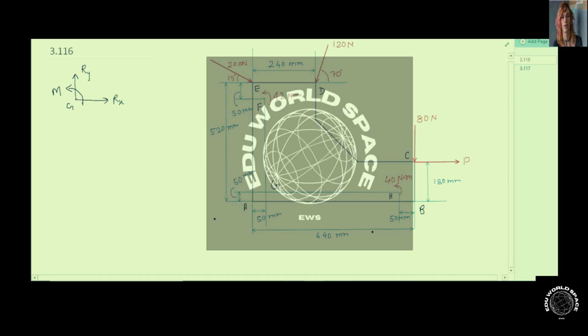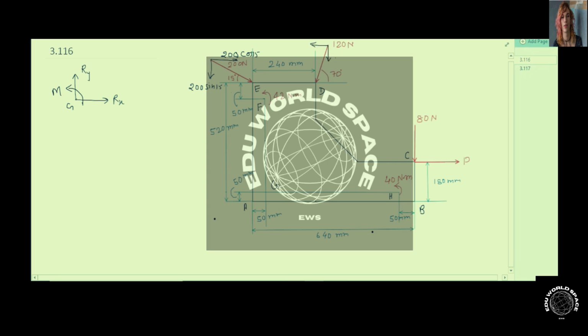Let's say this 200 Newton force is acting at an angle of 15 degrees with the horizontal. So we can resolve this force into its components: its horizontal component will be 200 cos 15 and its vertical component will be 200 sin 15. In a similar way, the 120 Newton force can also be resolved into its components.